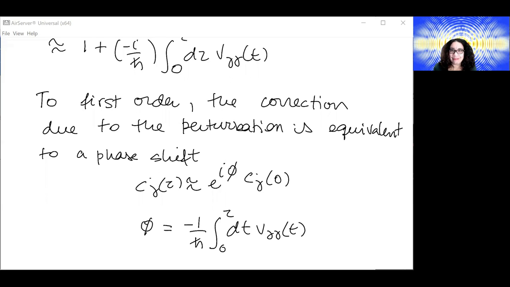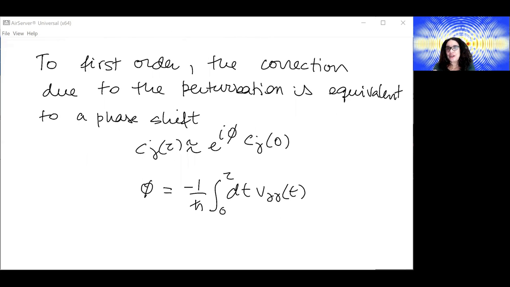So why am I stating that? Because this probability that the system remains in the initial state is close to 1. Because if you have something that to first order expansion is a phase shift, when you take the modulus square, that is going to cancel out, right? It's just a phase.